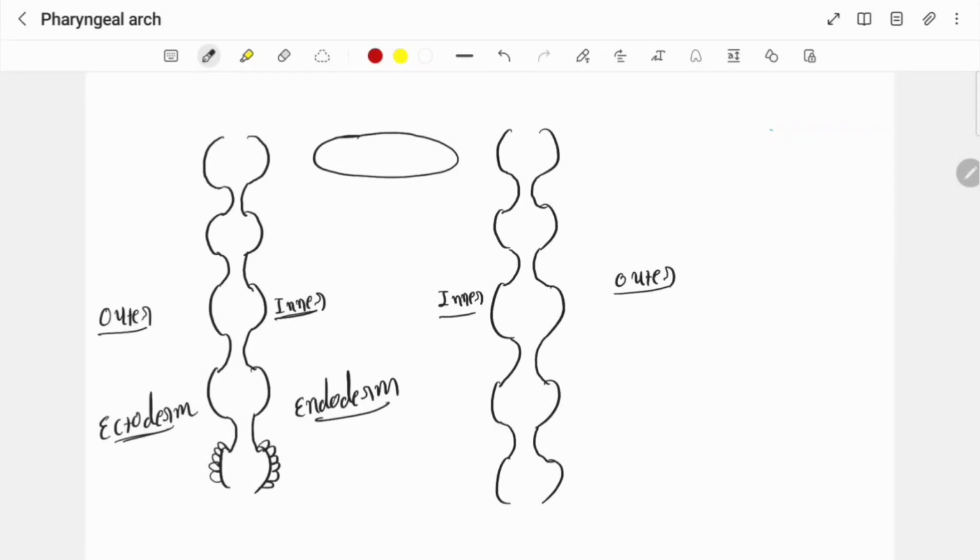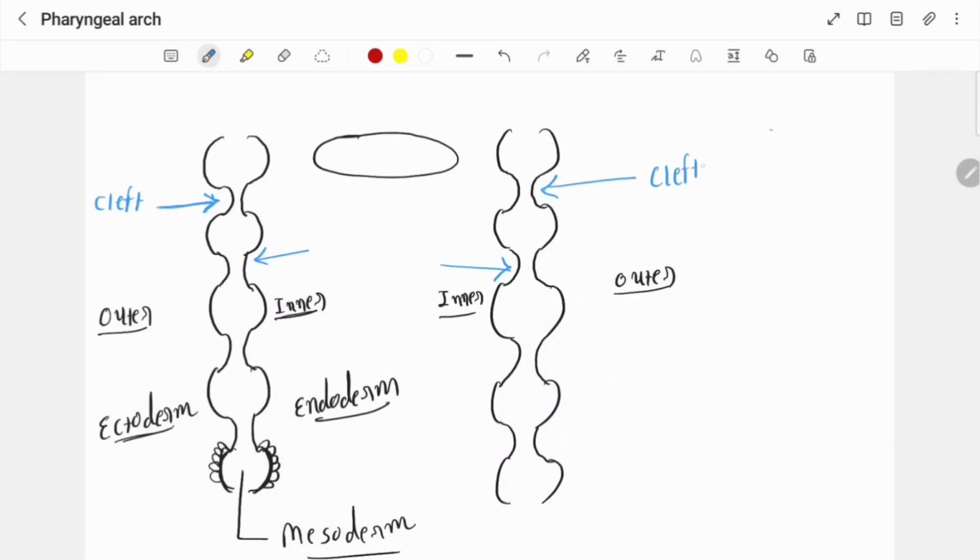This epithelium is present in all the pharyngeal arches. I'm just drawing in this arch, it doesn't mean that the epithelium is only present in this arch. In between, the pharyngeal arch structure is also lined by a layer called mesoderm, right? Now see, here you have a depression. Same here, on the outer side you have depressions, and on the inner side you also have depressions. What are they called? If the depression is present on your outer side, it is called a pharyngeal cleft.